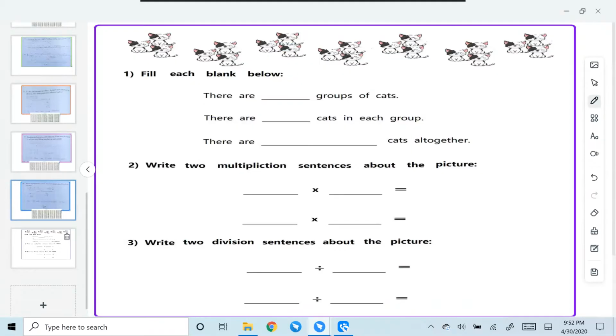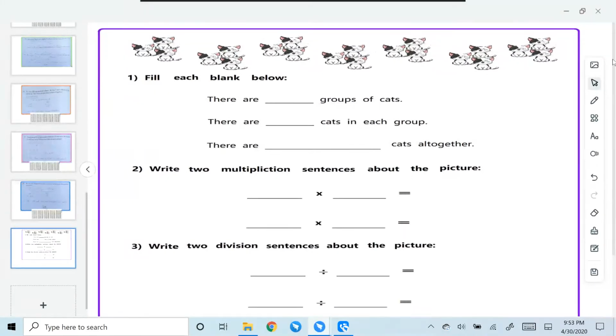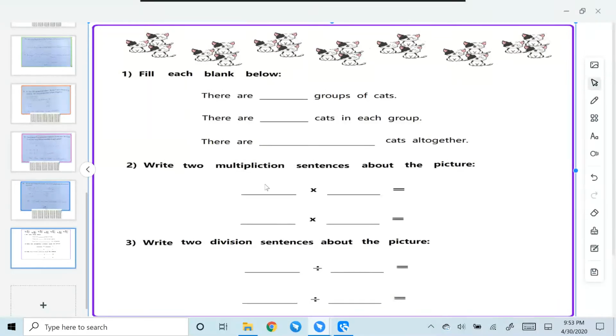Okay. Now, let's do one more extra. Here is a picture. We already said many times, looking at this kind of picture, you always need to know 3 things: how many groups, how many things in one group, and how many in total. So now, first fill in each blank below.